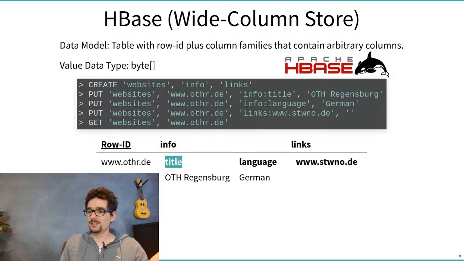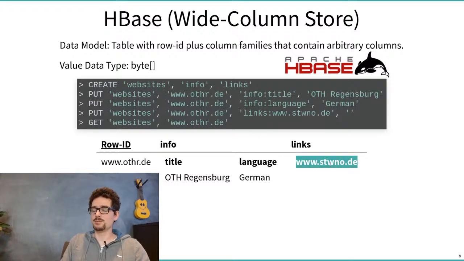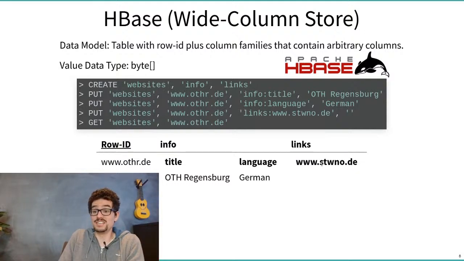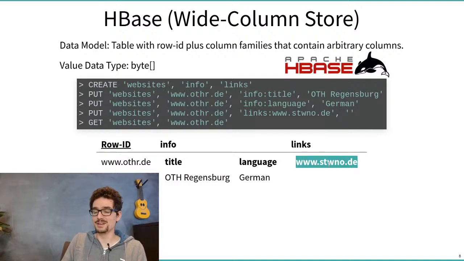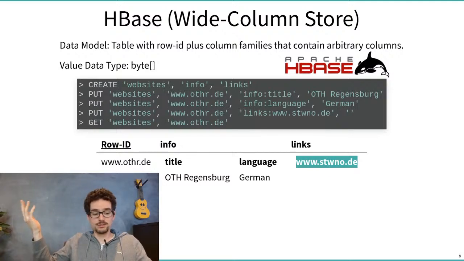From a relational database, a column title makes absolutely sense, and a column language makes sense, where language equals German is in the query. But in a relational database, you would never call a column www.stwno.de. This is not a column name, but you can now use column names for storing a set of data.